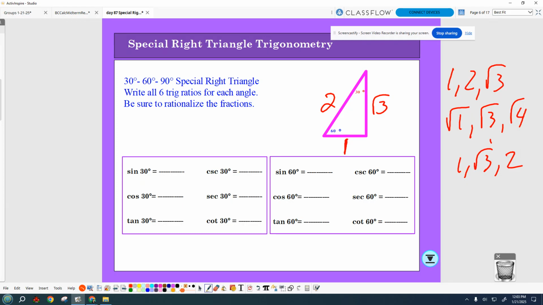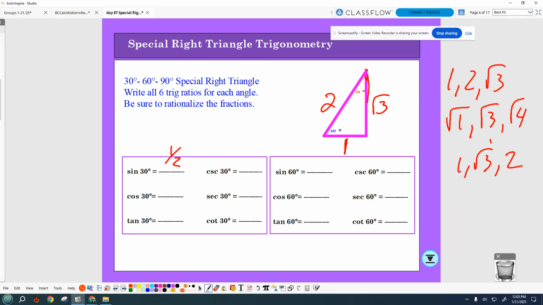So what's sine of 30? 1/2. Rakib, what is cosine of 30? Cosine is adjacent over hypotenuse. So looking at the 30, what is the adjacent? Adjacent means next to, so it's the one that is not the hypotenuse.